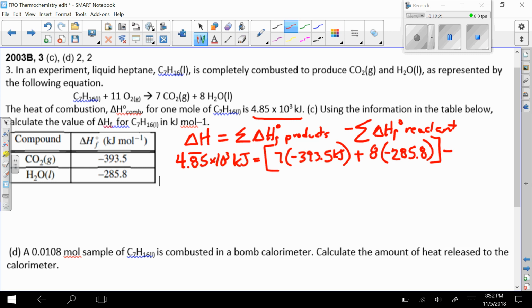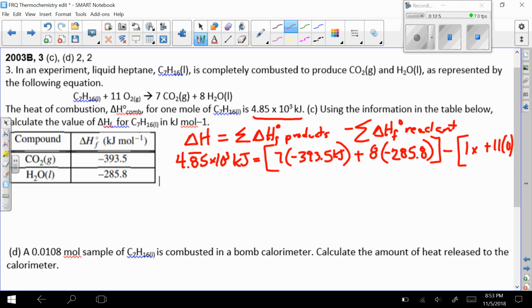Minus the enthalpy of formation of our reactants. If we look at our reactants, we have 2 reactants. We have our heptane, which is our unknown, and the coefficient in front of that is 1. So we have 1 times our unknown, plus 11 times 0.